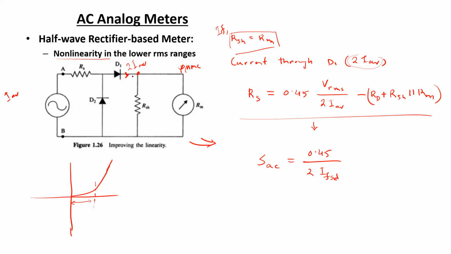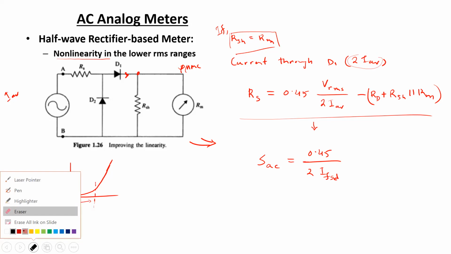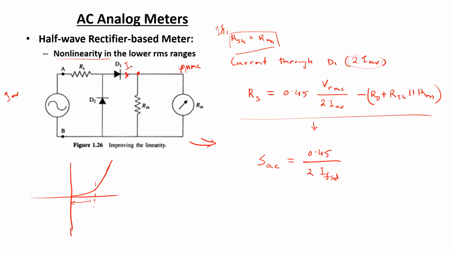So for instance, in this case, let's say the current flowing through the diode is I. The current flowing through the PMMC is IM. Current flowing through the shunt resistance is ISH. Now, if the shunt branch wasn't there, then the diode would actually carry the current IM, or we can say IAV.